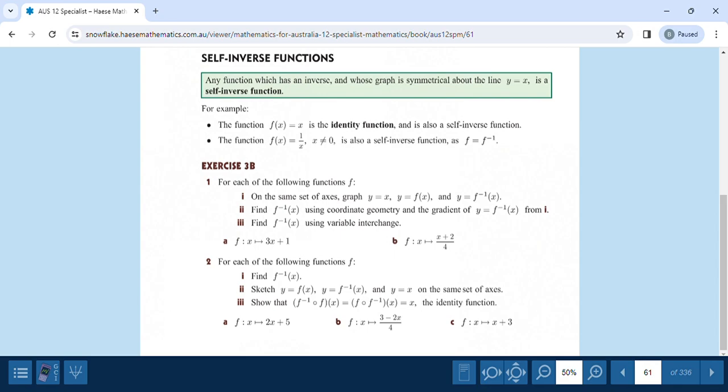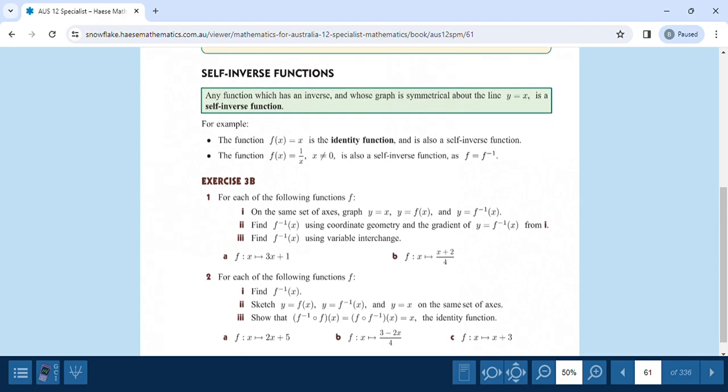So that's self-inverse, and it's the same if you've got y equals 1 over x in the second example, under the blue box. If you switch x and y for that one, you'll get x equals 1 over y, which if you rearrange it, ends up being y equals 1 over x. So the inverse function is the original function, it's the same. So that is a self-inverse function as well.